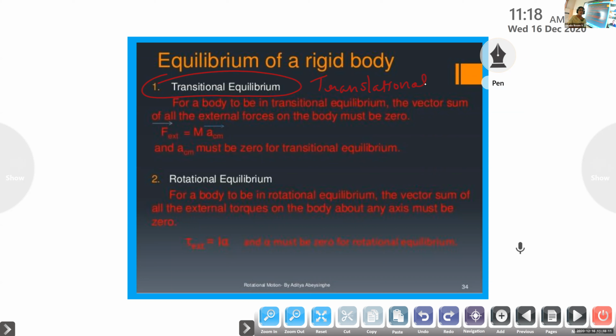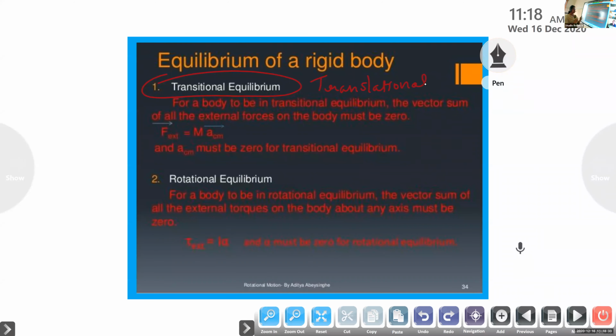Okay. So if you can say that an object is in a balanced, stable state, and there are no unbalanced forces acting on it, in that case, both the translational and rotational equilibrium should be satisfied. Otherwise, for a body which is moving, it is not possible. Clear?